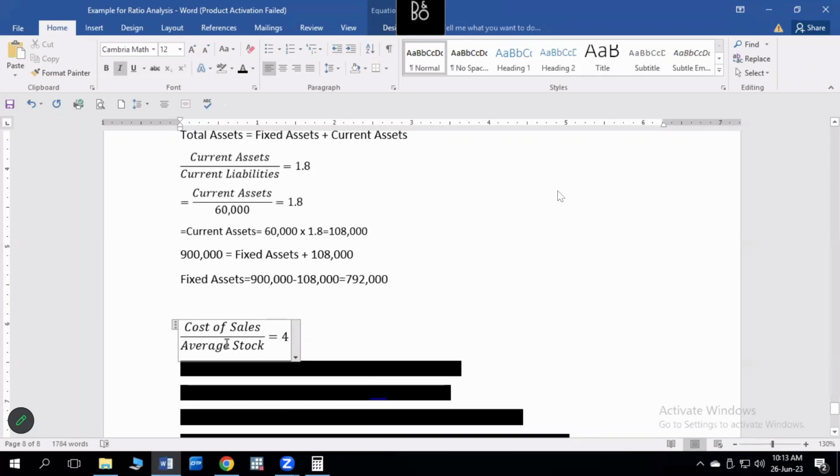But you don't know the cost of sales and the average stock or closing stock, or simply you can write the inventory.